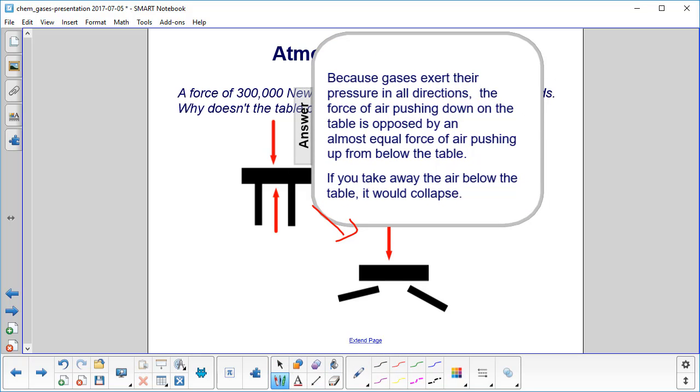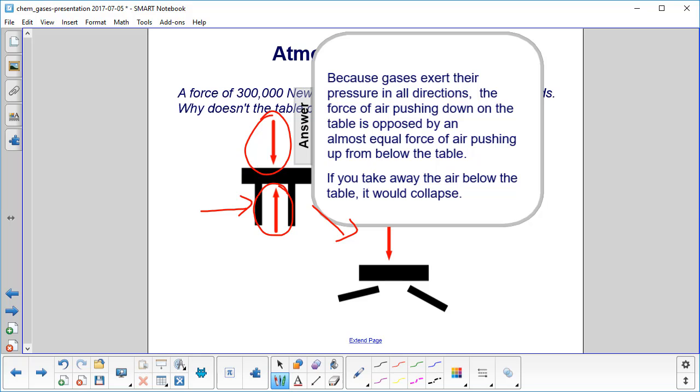So the force pushing down on the table is opposed by an almost equal force of air pushing it up from below the table. There's a slight difference because it's a little bit lower, but it's pretty much the same. If you were to take away this air here, the table would collapse.